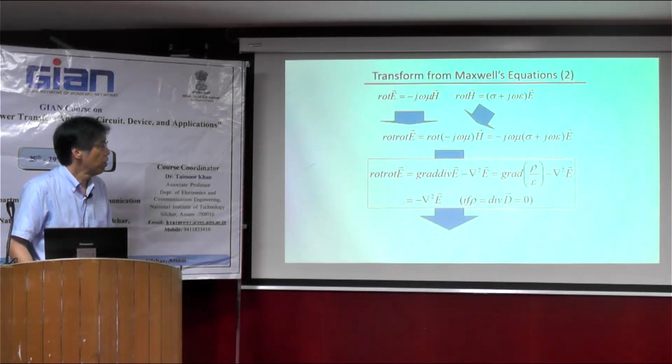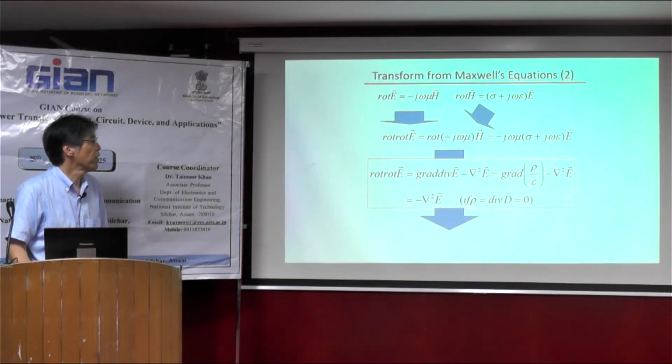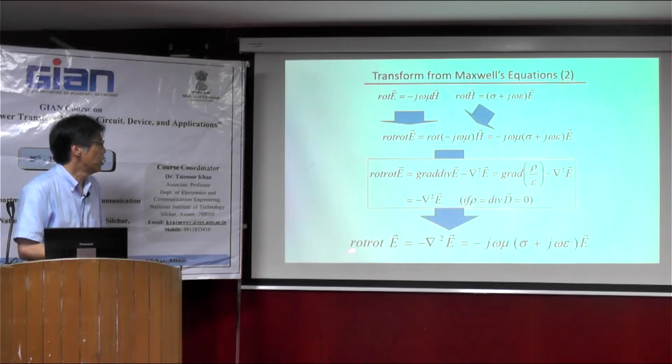So through this transformation by the vector formula, we got this double rotation H is equal to minus sigma square E. And now the right term is the same.